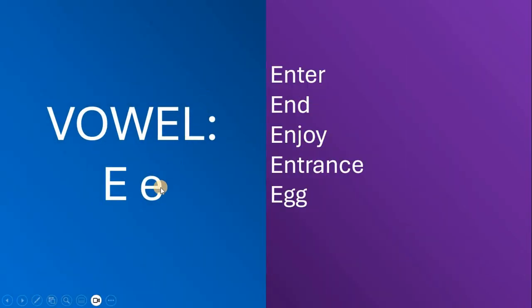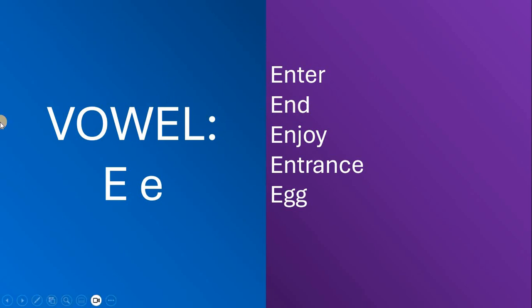Then we have the vowel e. We have the word enter. If somebody visits a person and then he opens the door, then he says enter, it means that you come in. Then we have the word end. When you're doing an activity and that is the stopping point.